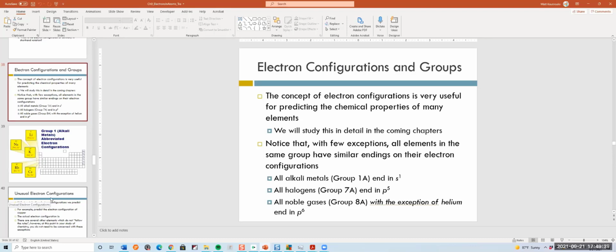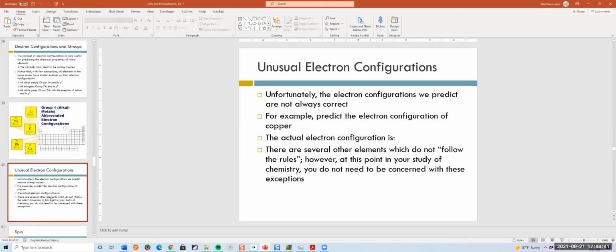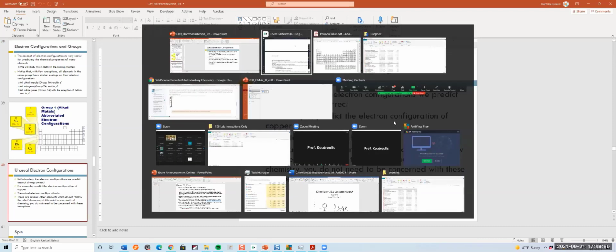Do all elements follow these rules? No, they don't, unfortunately. So what would you predict the electron configuration to be of copper?